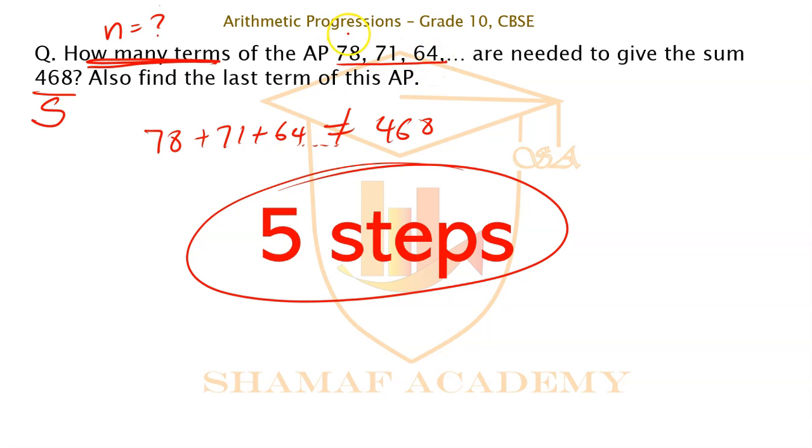So let's call the first term A, the second term A2, the third term 64 as A3. So we have A, A2, A3, and then we don't know what is our n. We have our sum, which is 468. And it also tells us to find the last term of the AP, which we can denote as L.